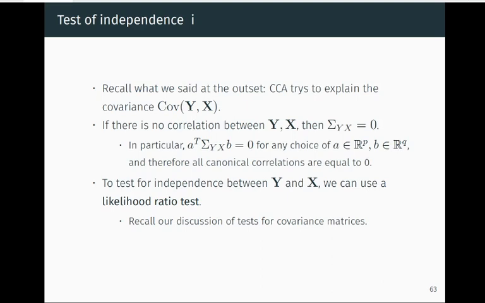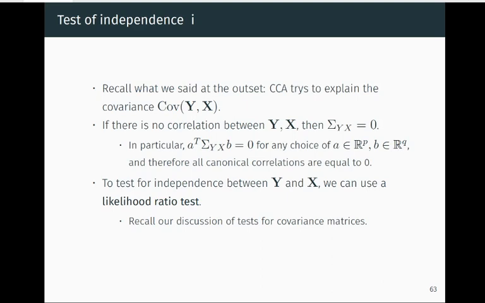Recall that what we discussed at the beginning is that CCA is trying to explain the covariance matrix between y and x. So if there is no correlation between y and x, the covariance matrix is simply zero.